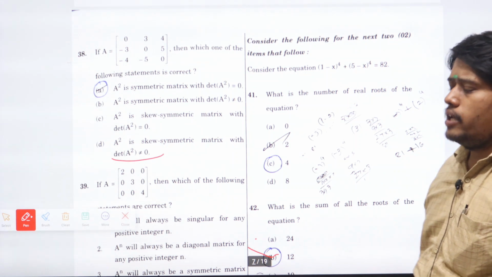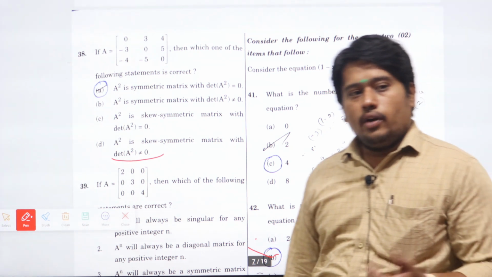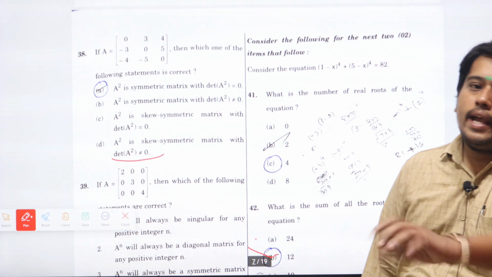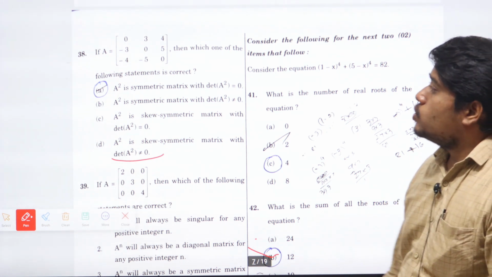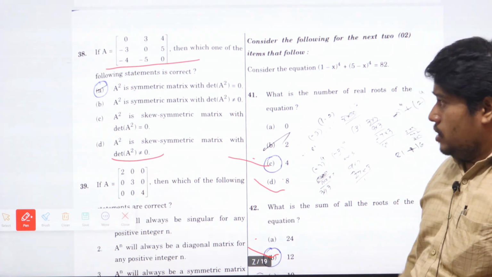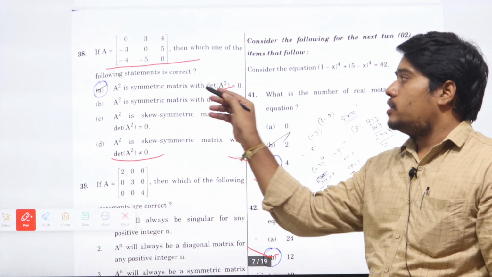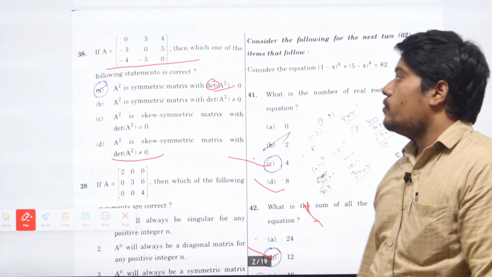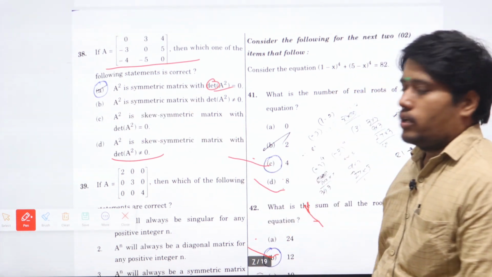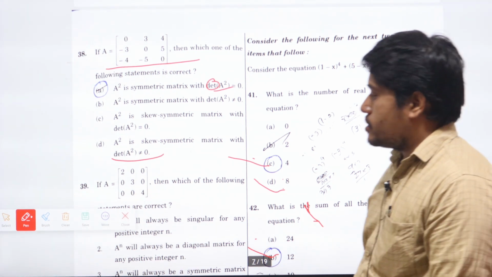So this is a condition for only symmetric and skew symmetric. Symmetric is 1 by 2 times (A plus A transpose), and skew symmetric is 1 by 2 times (A minus A transpose). So using the condition, in the given matrix we first have to find A square, A into A, and further find its determinant value, to check whether it equals 0. So option A will be the right answer. A square is a symmetric matrix.